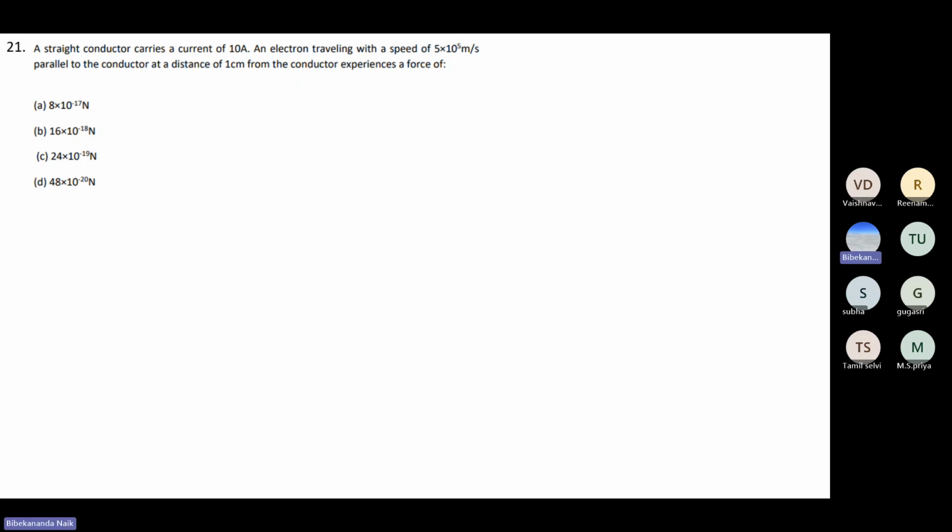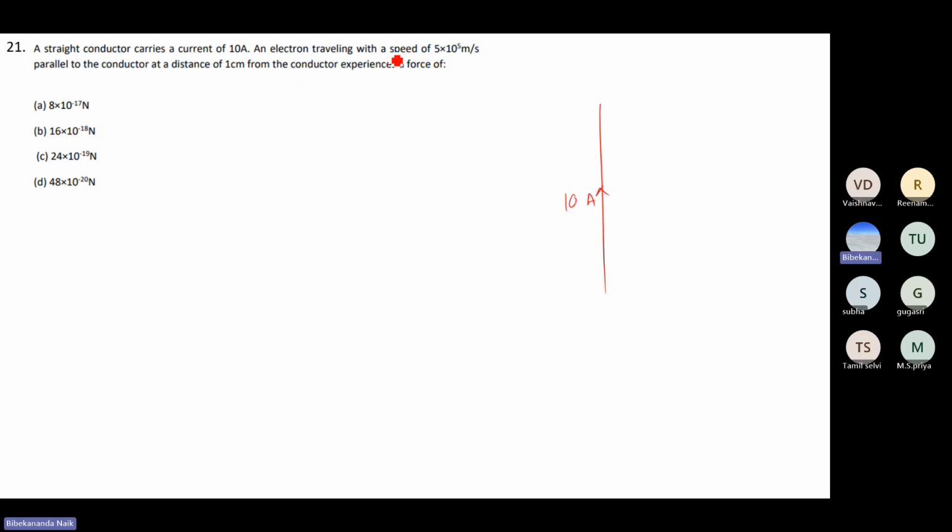Now the next question. A straight conductor carries a current of 10 ampere. An electron traveling with a speed of 5 into 10 to the power 5 meter per second parallel to the conductor at a distance of 1 centimeter from the conductor experiences a force. So there is a straight conductor and it carries current 10 ampere.